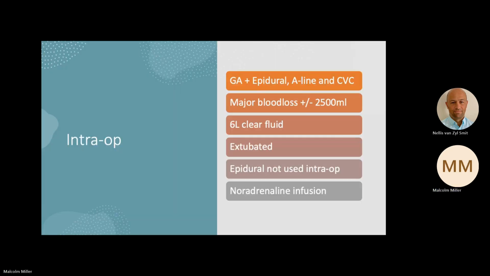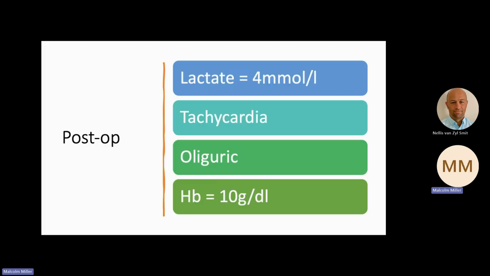So the patient had an epidural, A-line, CVP, general anesthesia, major blood loss, lots of resus fluid, was extubated at the end of surgery. Because the hemodynamics was such a problem, the anesthetist couldn't use the epidural intraoperatively, and the patient arrived in ICU on a noradrenaline infusion.